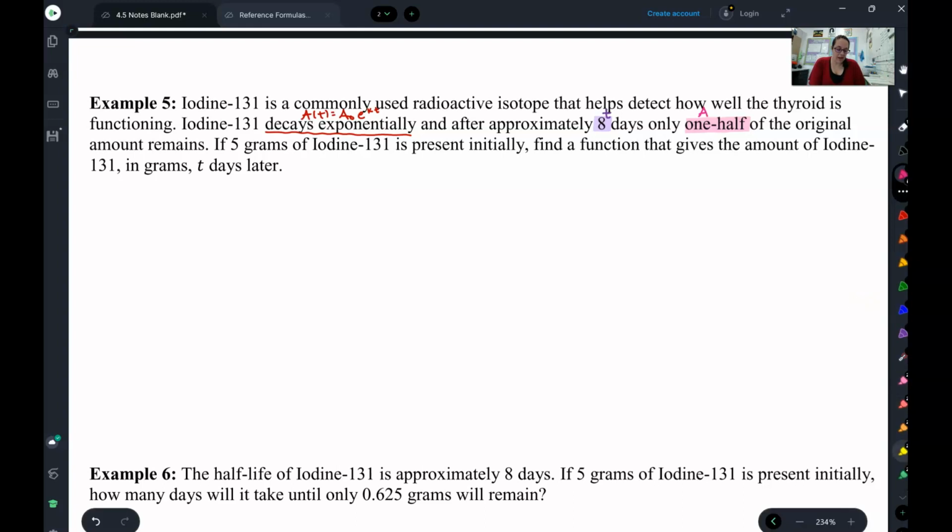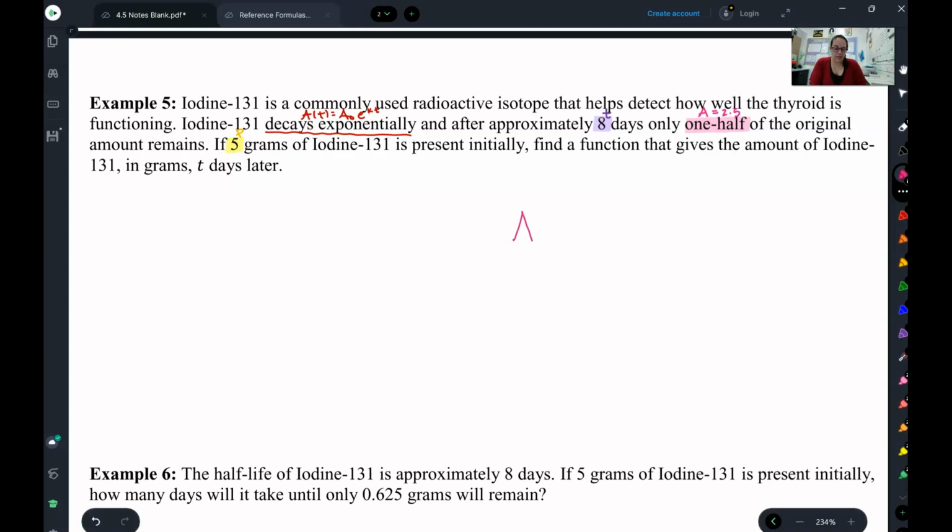If 5 grams of iodine-131 is present initially, so that's our starting amount, that's P, which also tells us if we're starting with 5 grams, our A is going to be 2.5 grams, 1/2 of the original amount. And then once again it says find a function that gives the amount of iodine in grams t days later.